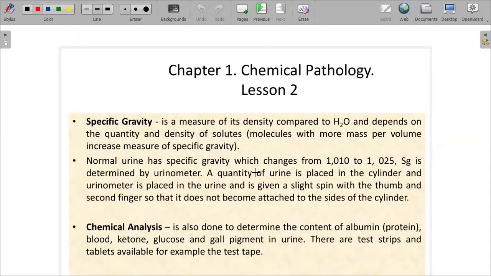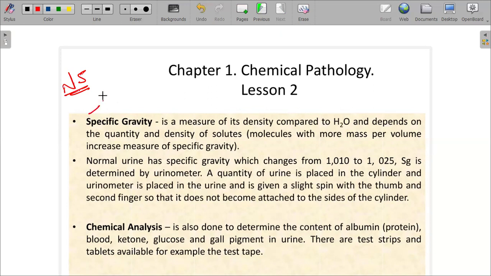Let us quickly look at specific gravity, which is our last aspect. Specific gravity, basically, is a measurement of one liquid in comparison to another.